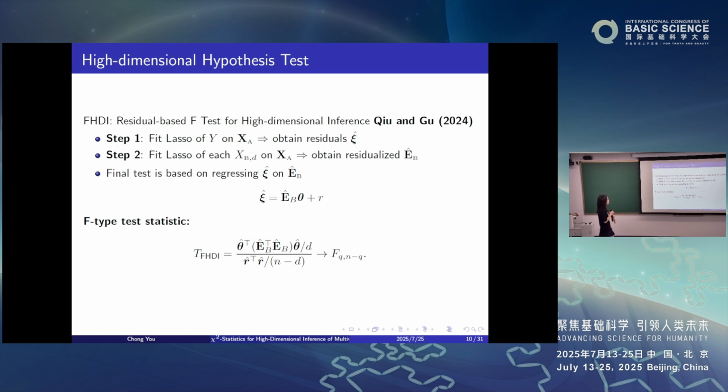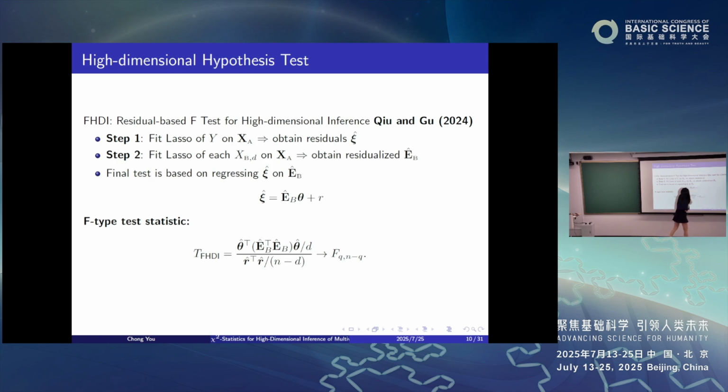The idea is very similar to what we discussed before. We fit a lasso of y on xa to get a residual psi. You can think of this psi as a cleaned version of y after accounting for the effect of xa, and fit another lasso on xb. This d is basically a component of xb, so you deal with it element wise.